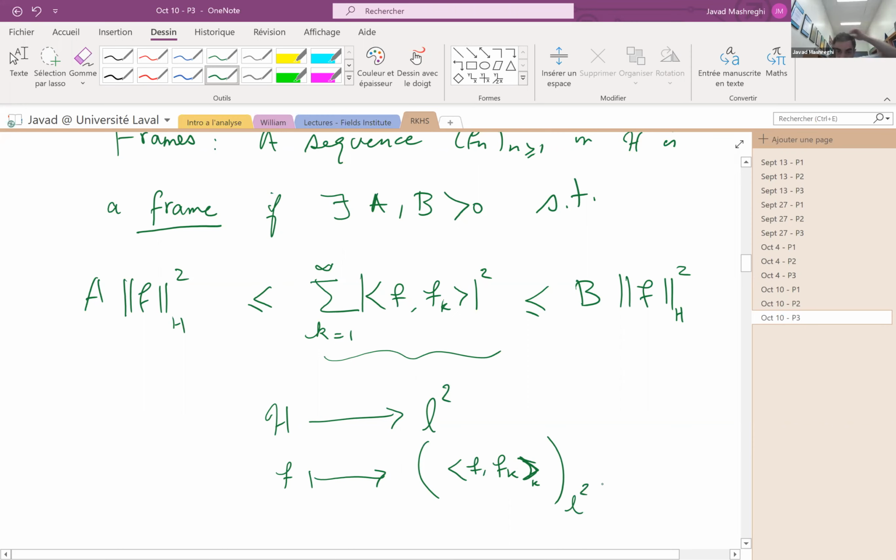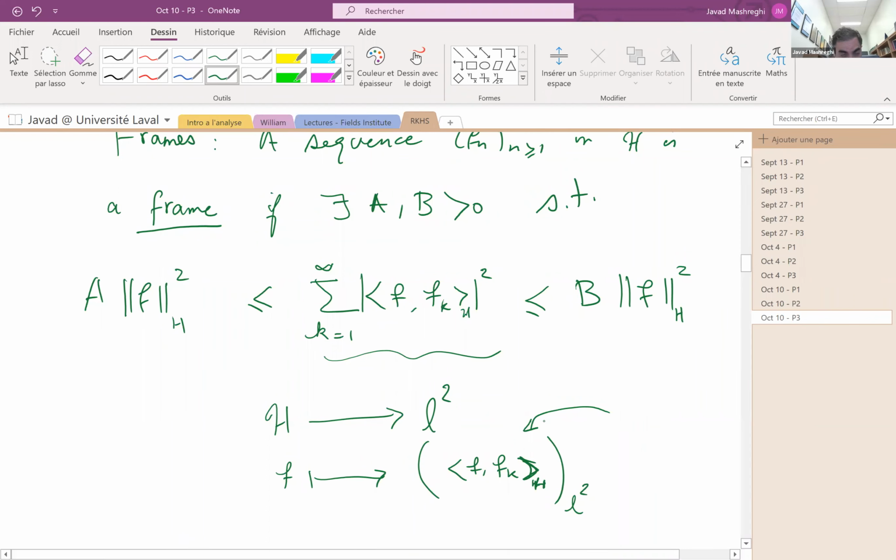The kth component is f inner product with fk. That's in H. And what you see in the middle here is the norm of this element in L2 squared. So the norm is controlled by the norm of f from above and from below.